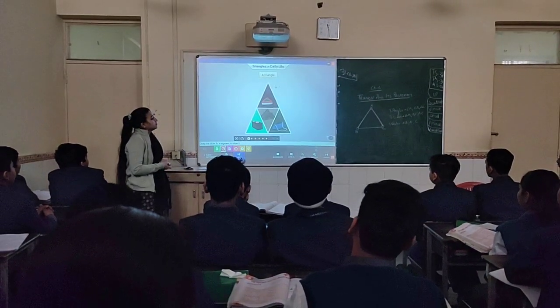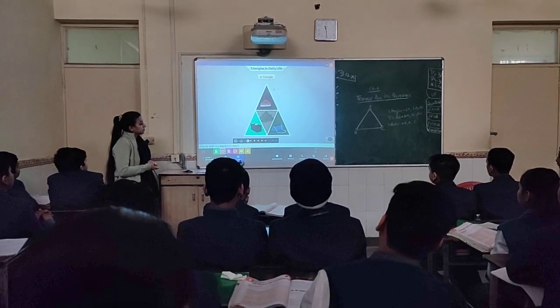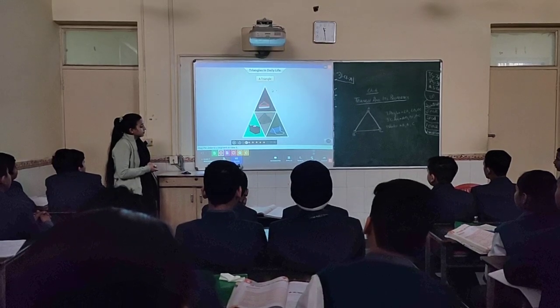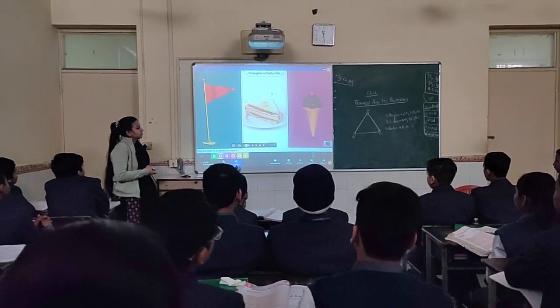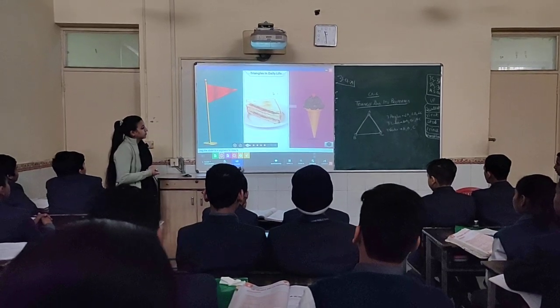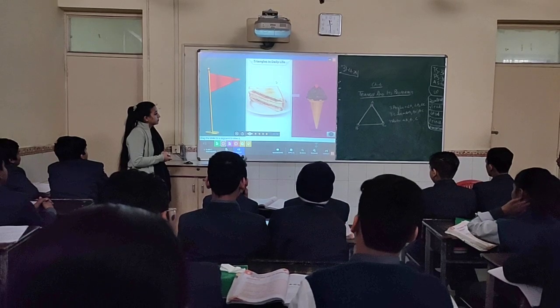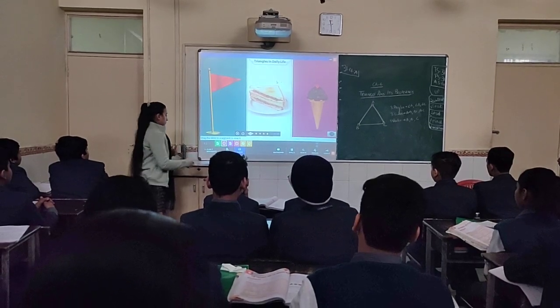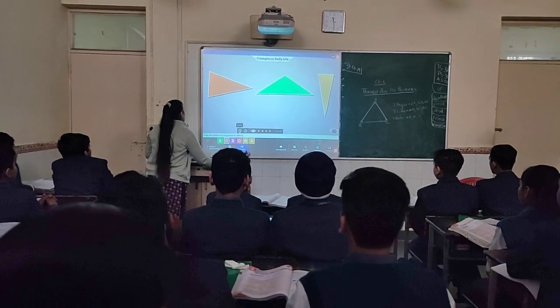Yes, a triangle. All the pictures that we see have a triangular shape. Every day we see a number of objects that are triangular in shape. But are all the triangles the same? Of course not.